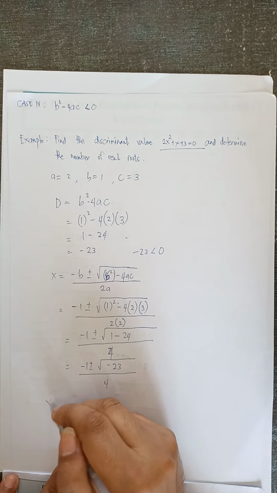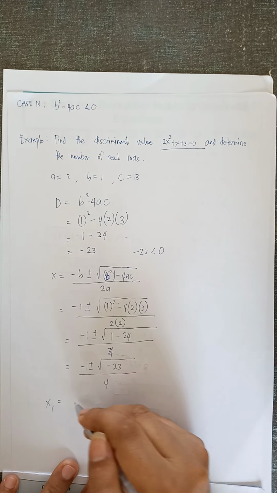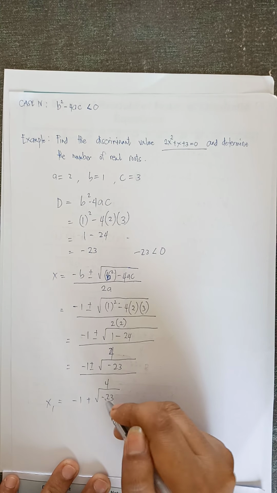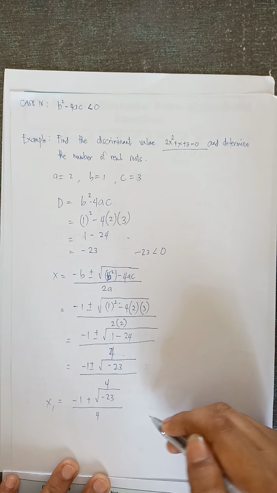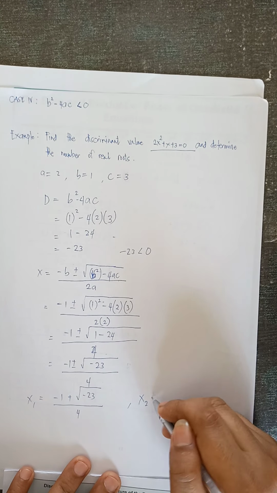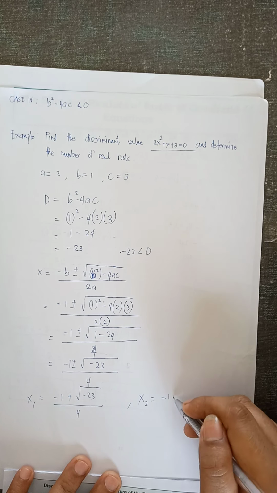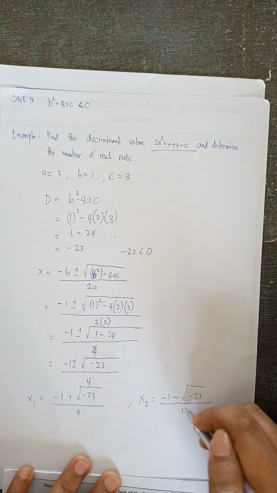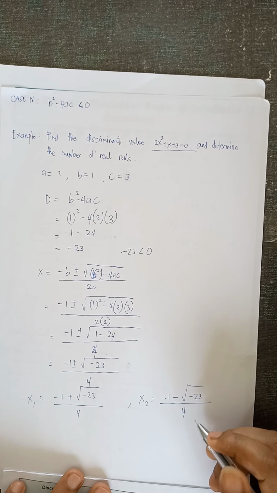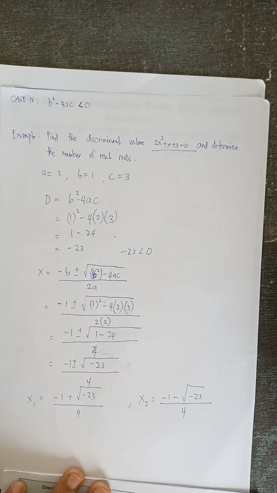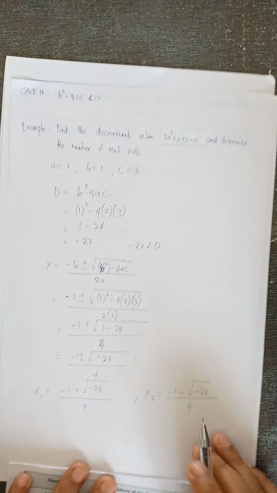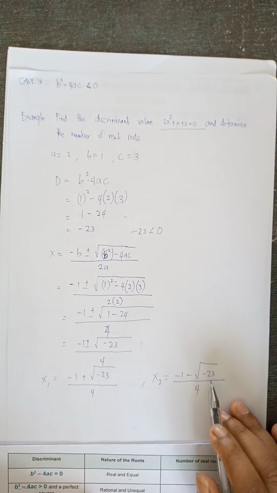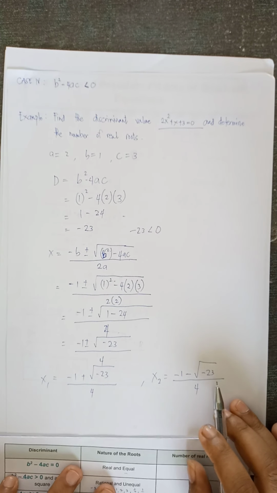So we have x1 that is equal to negative 1 plus square root of negative 23 all over 4, and the x2 is equal to negative 1 minus square root of negative 23 all over 4. So wala siya root since naay negative, or it is an imaginary number. Nganong imaginary man?